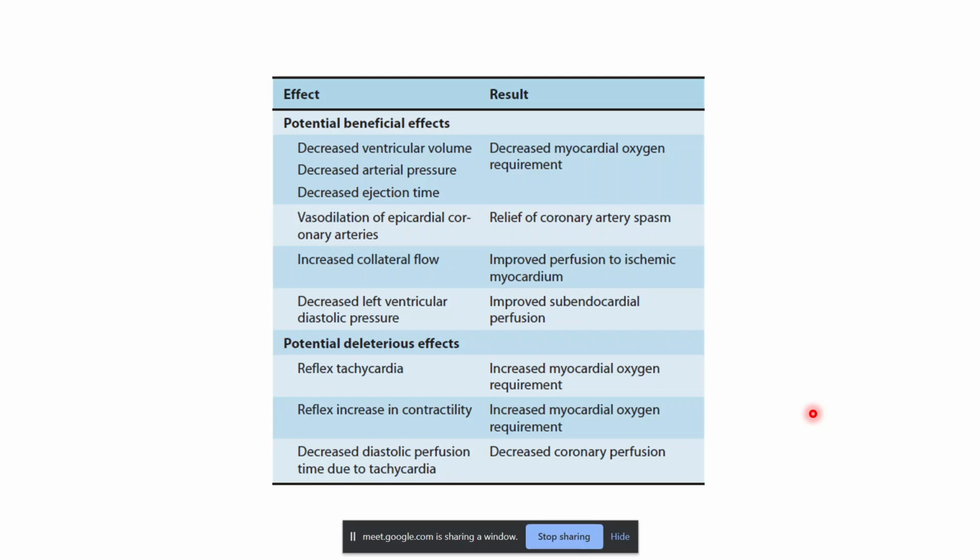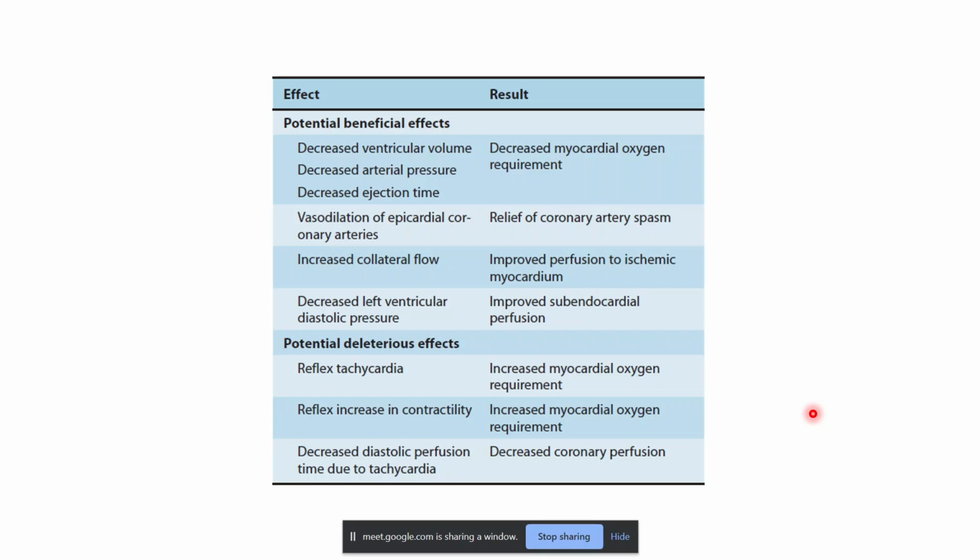Unfortunately, recent prospective trials have established no survival benefit when nitroglycerin is used in acute myocardial infarction. In contrast, intravenous nitroglycerin may be of value in unstable angina, in part through its action on platelets.